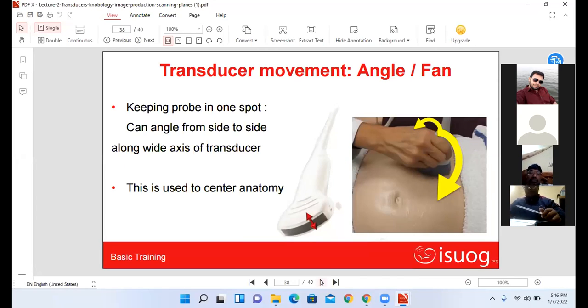So keeping the probe in one spot, you can angle from side to side along the wide axis of the transducer. This is used to center anatomy. Again, if a certain part is not visible in one area, you can move the transducer to a different angle. Next slide, please.